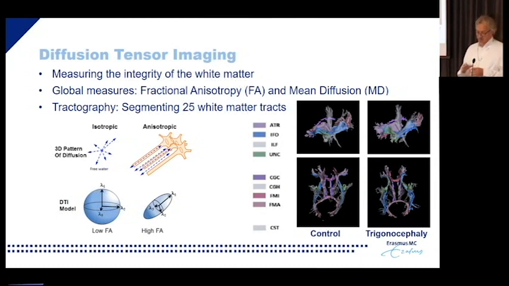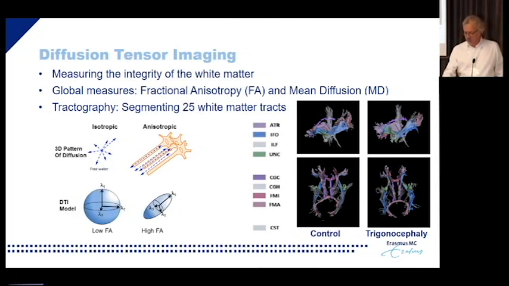If there is no difference in the direction, it has an anisotropy of 0, and that's normally in the gray matter. If you're in the white matter, you get a more elongated profile, and you go along the tracts. You have, in the extreme situation, an anisotropy of 1.